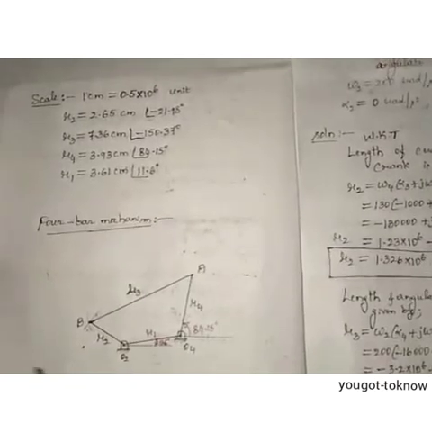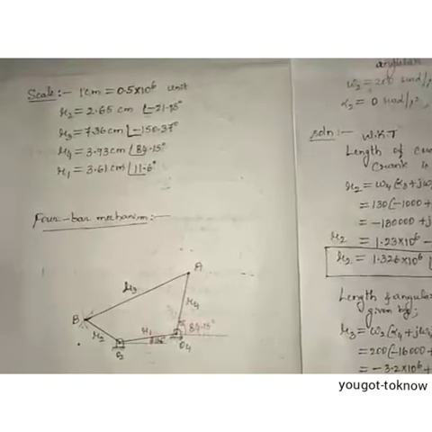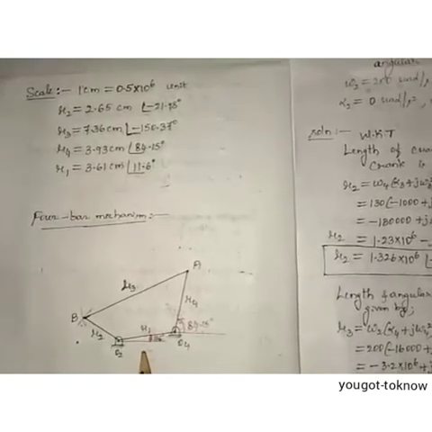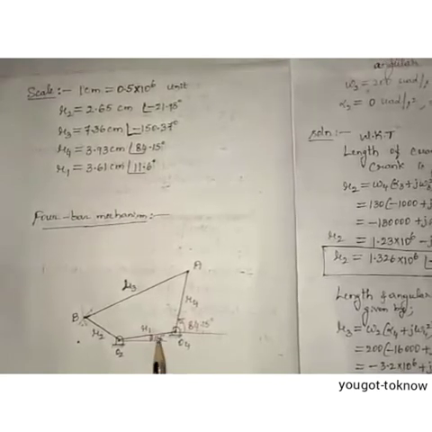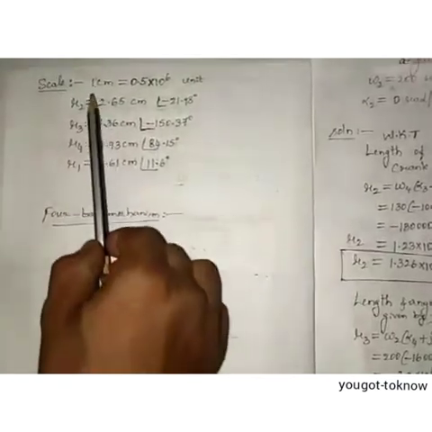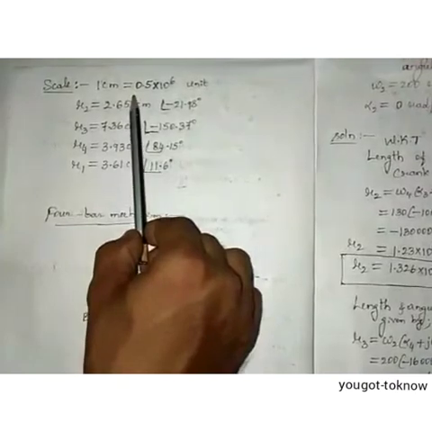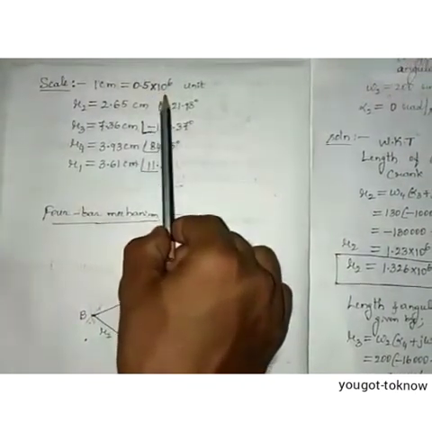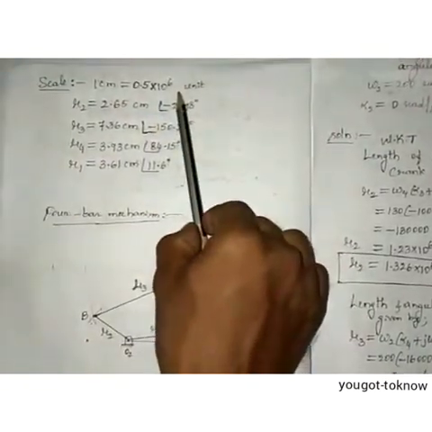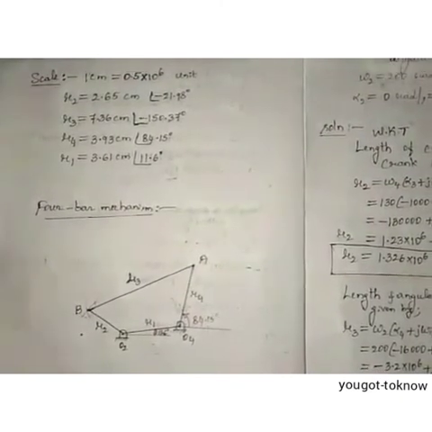After finding the values of R1, R2, R3 and R4, to construct the 4-bar mechanism, first we have to assume a suitable scale. Here, if we assume 1 centimeter equals 0.5 into 10 power 6 units, according to this considered scale, convert the values of R1, R2, R3 and R4.